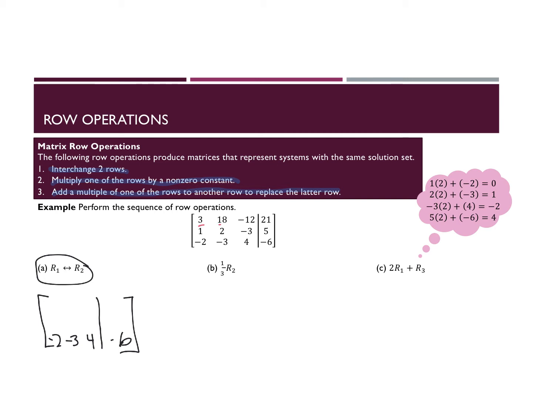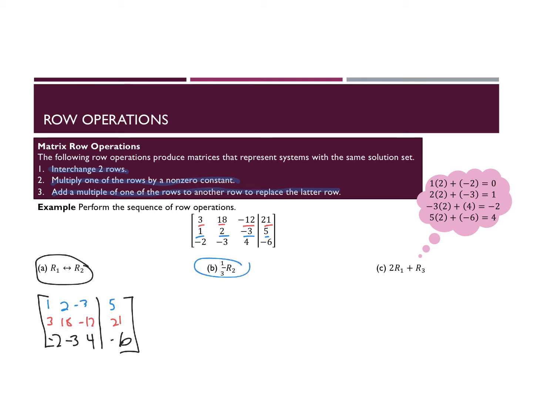So the row 1 originally is now row 2. And the original row 2 is now row 1. Okay, and that's it.